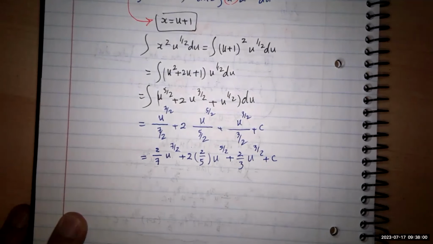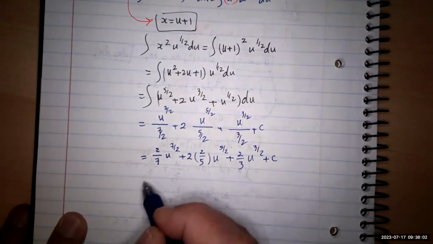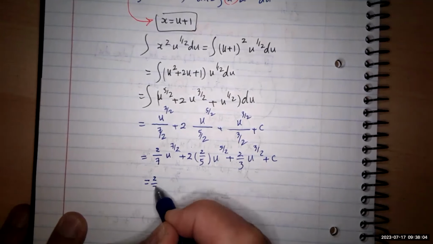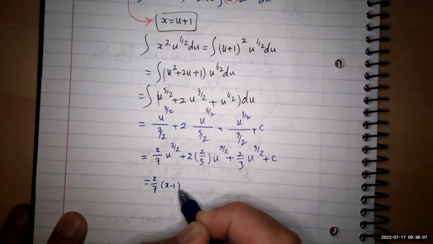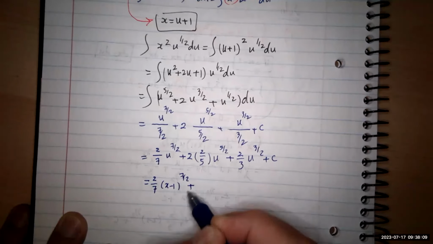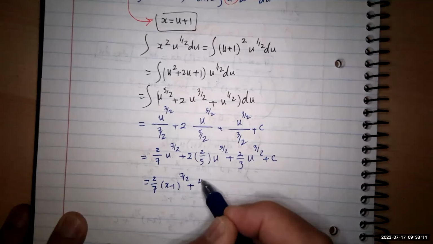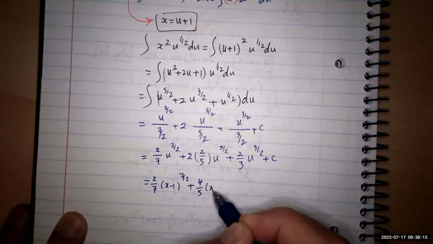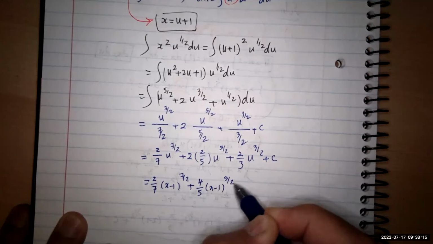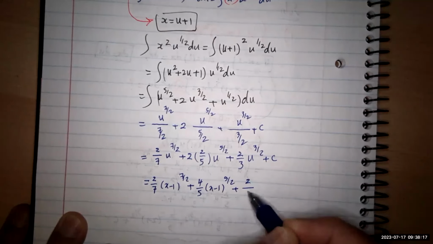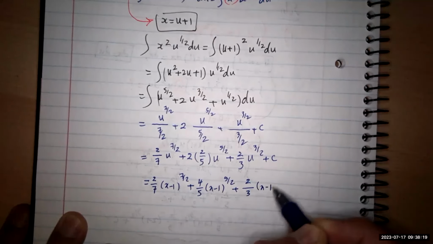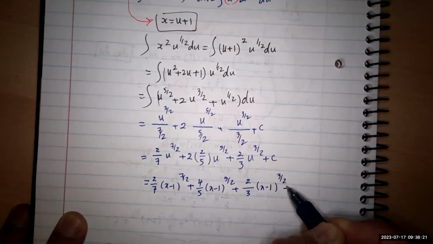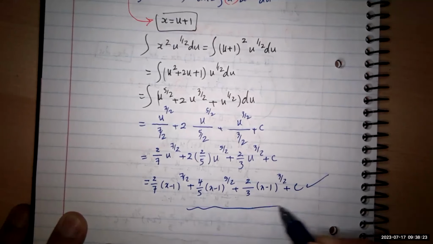Just substitute for u and then you're done. u was x minus 1. So that gives you 2/7 (x minus 1) to the 7 halves plus 2 times 2/5, which is 4/5, (x minus 1) to the 5 halves plus 2/3 (x minus 1) to the 3 halves, plus the constant c, is going to be the final answer.